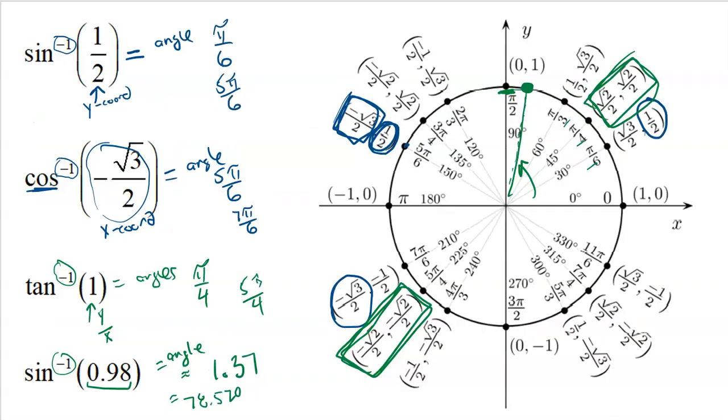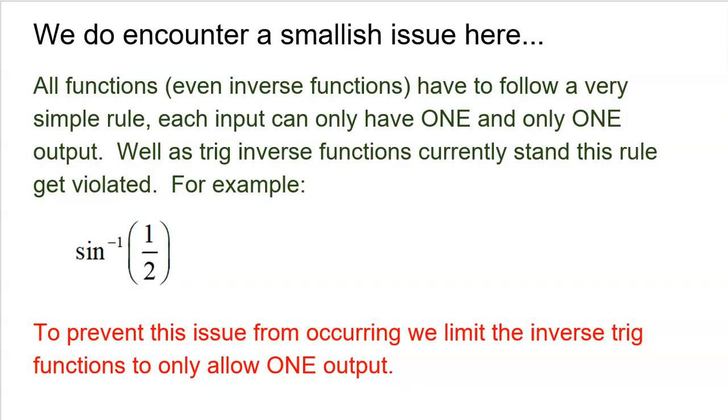We saw here that pi over 6 and 5 pi over 6 both have a y-coordinate of 1/2. But again, I can keep adding 2 pi and adding 2 pi and even subtracting 2 pi. So if I leave it as it is, there's actually millions of answers to this. So the input of a y-coordinate of 1/2 has multiple answers.